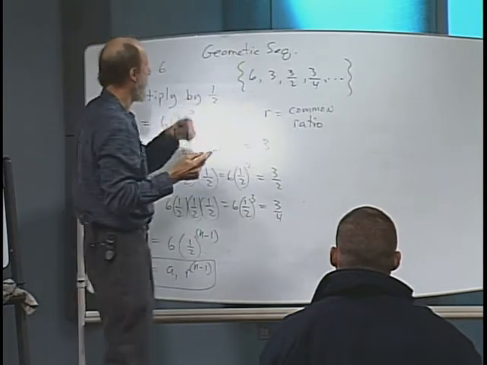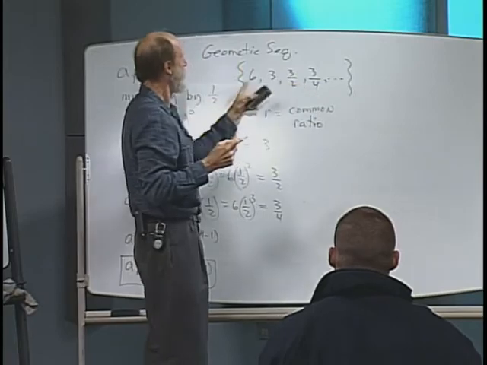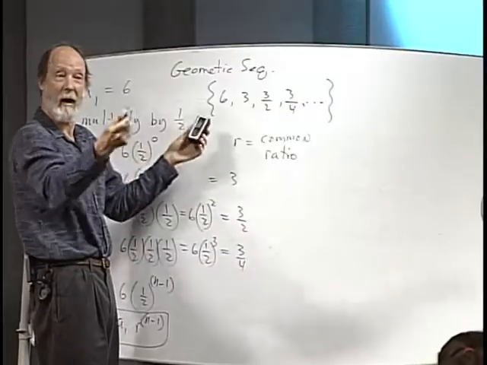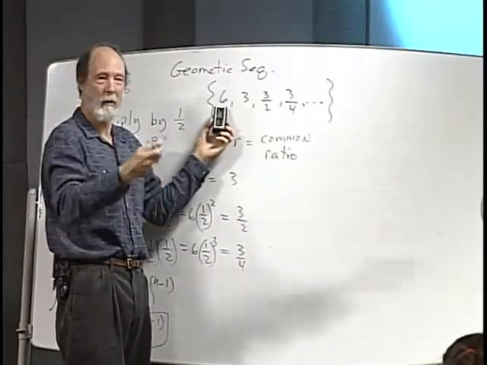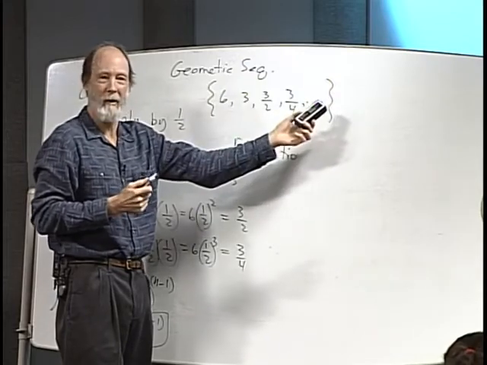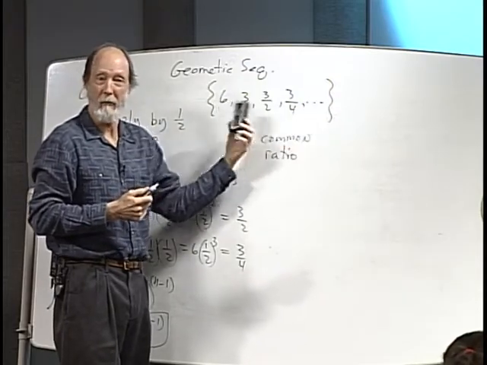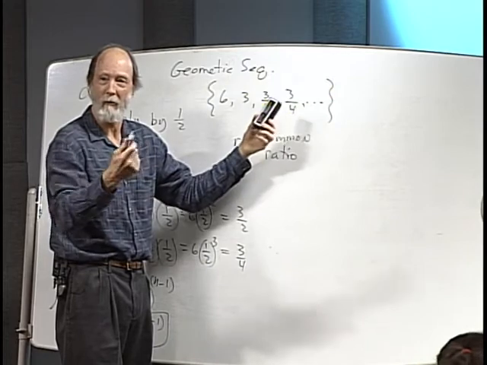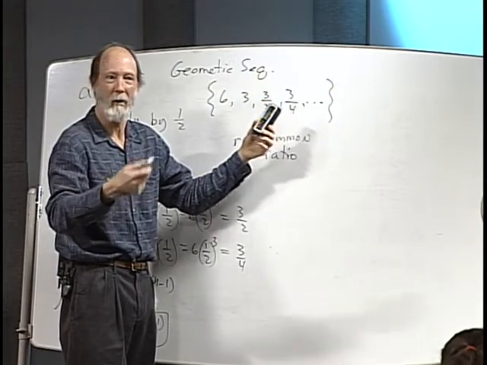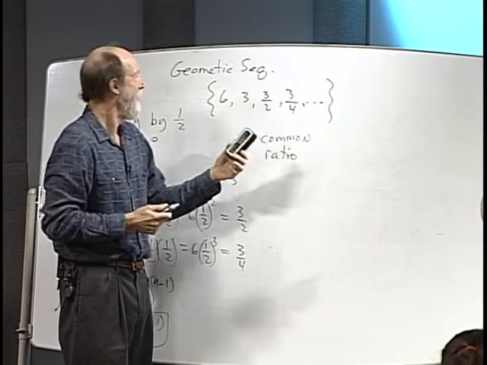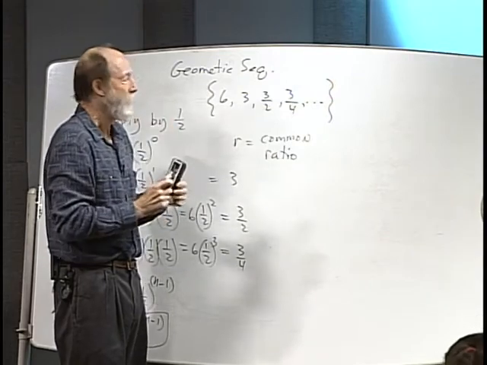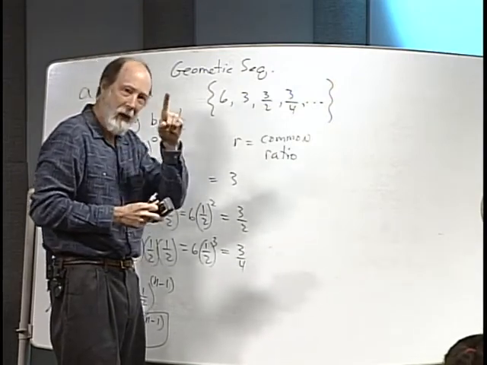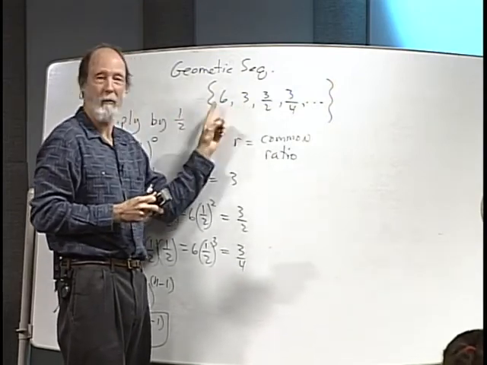So what if I wanted to look at this particular sequence. Let's say your textbook or an instructor gives you a sequence, and they ask you, is it arithmetic, or is it geometric, or neither? So what we could do, if we wanted to see if it was arithmetic, is take the difference between the terms.